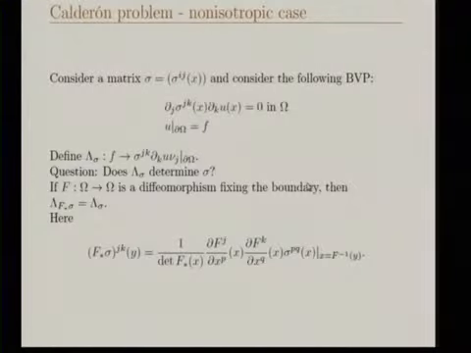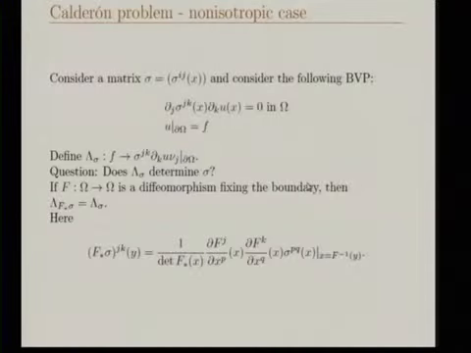Now, if one is not of this form, can you get a diffeomorphism which relates one to the other? So one of them is sigma times identity, another is not, and with the same boundary measurements. No, you can't. No, that's the problem. I'm asking in the simplest case.